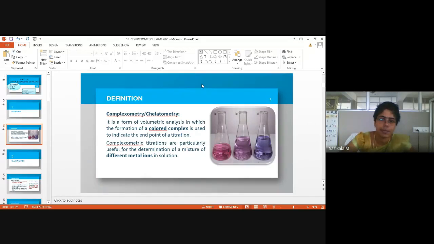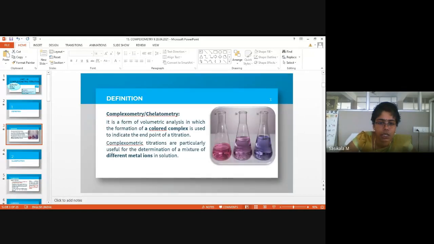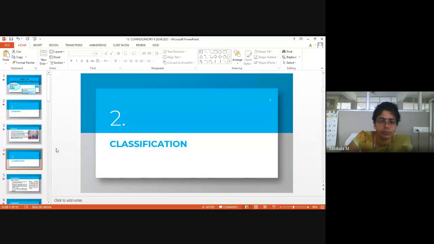Heavy metals of bivalent and trivalent ions can also be analyzed by complexometric titration. That's why it is mentioned here that different metal ions in solution are analyzed by this titration method. Next, we'll move on to the classification of complexometric titration.